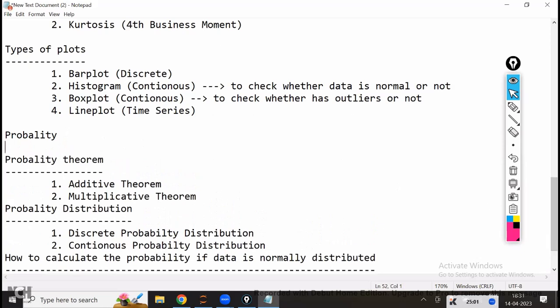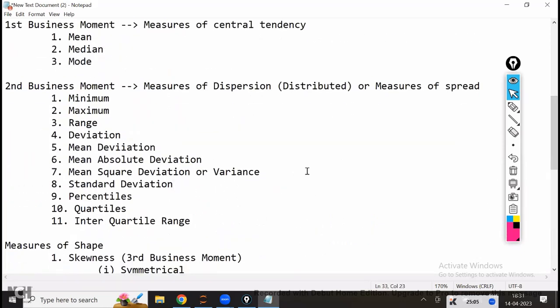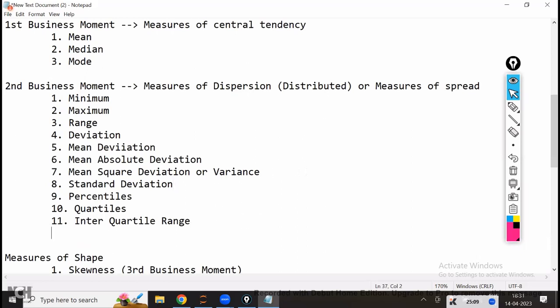Yes. Next, with respect to deviation, we are considering n-1 for sample variance and also for sample standard deviation.